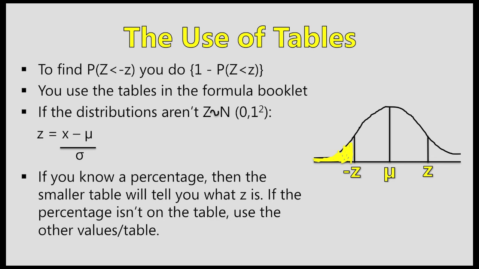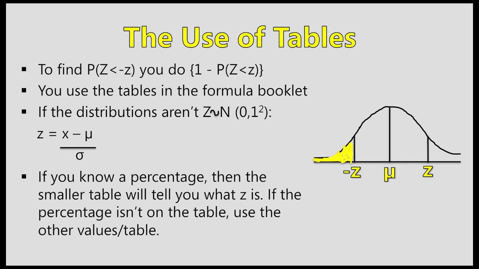If you know a percentage, then the smaller table will tell you what the z is. If the percentage isn't on the table, use the other table. The smaller table you get in the formula booklet tells you the percentage to the right of your answer. So if it said that the area from z to the right is 20%, you'd look up 0.2 in your smaller table, because it tells you that way.